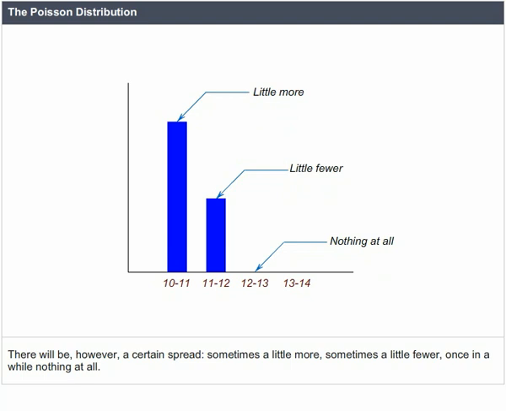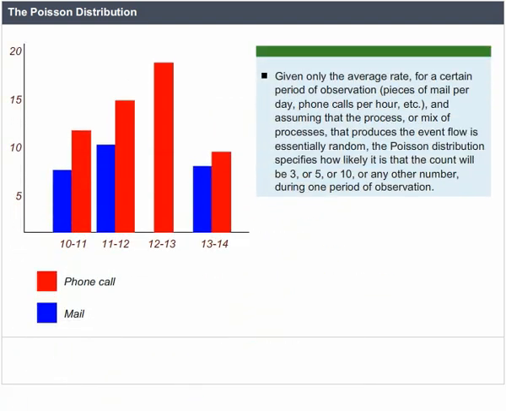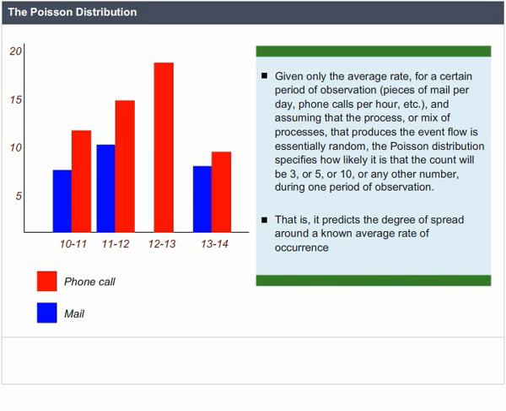Given only the average rate for a certain period of observation, pieces of mail per day, phone calls per hour, etc., and assuming that the process or mix of processes that produces the event flow is essentially random, the Poisson distribution specifies how likely it is that the count will be 3 or 5 or 10 or any other number during one period of observation. That is, it predicts the degree of spread around a known average rate of occurrence.